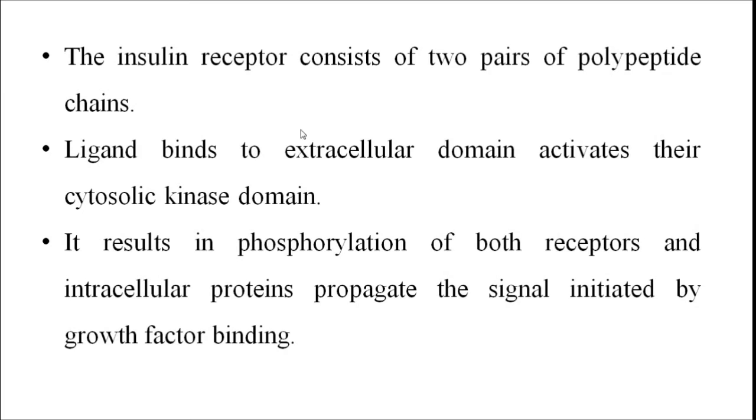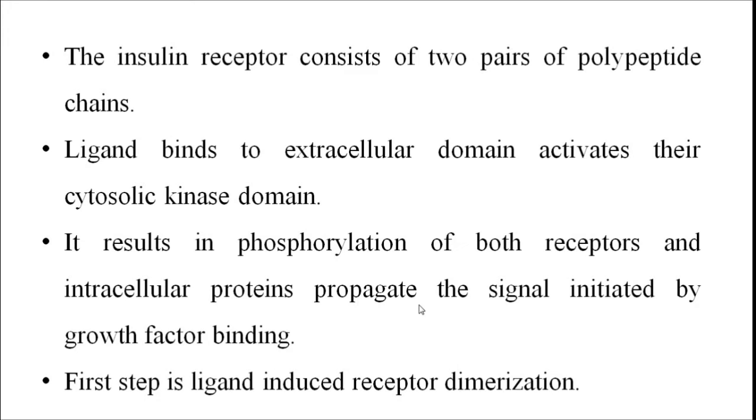Once this cytosolic kinase domain is activated, it results in the phosphorylation, that is the addition of phosphate group, of both the receptor and the intracellular proteins. Once these intracellular proteins get phosphorylated, they propagate or transmit the signal.